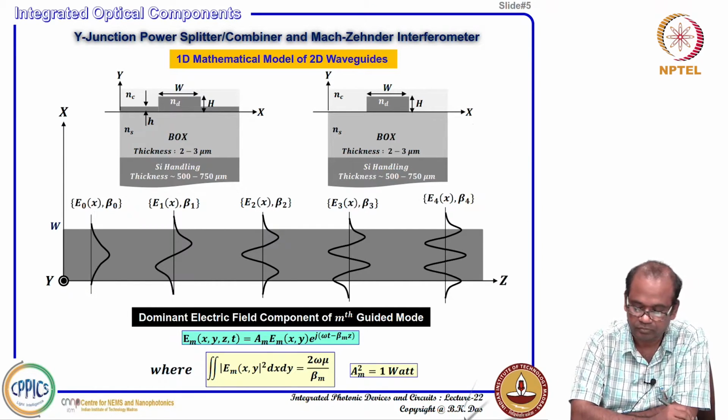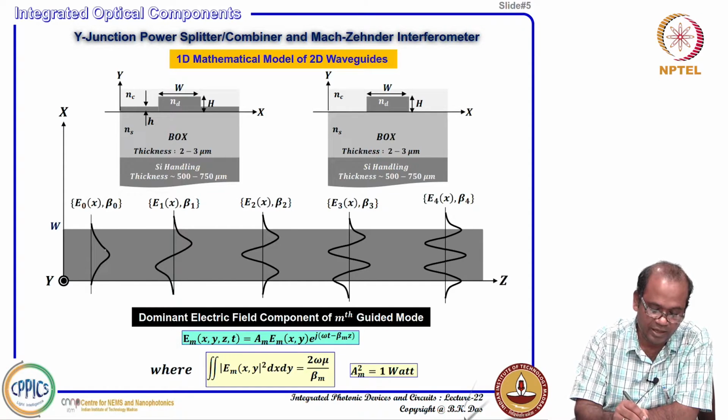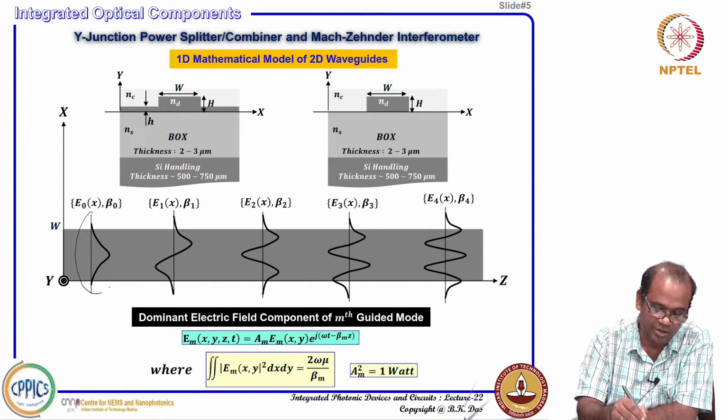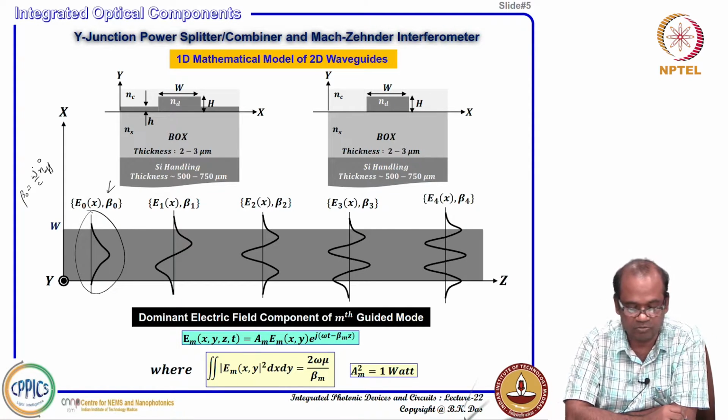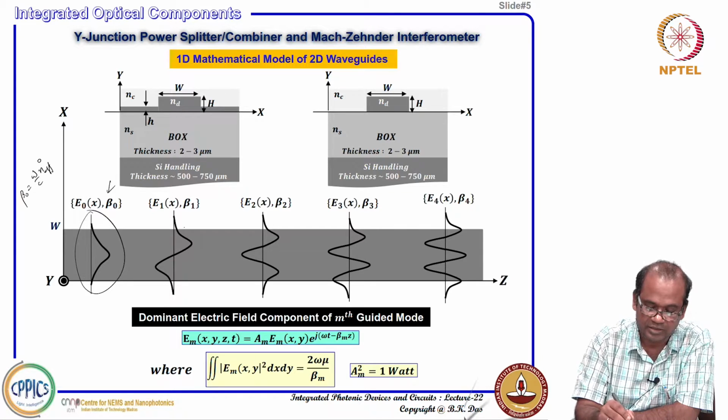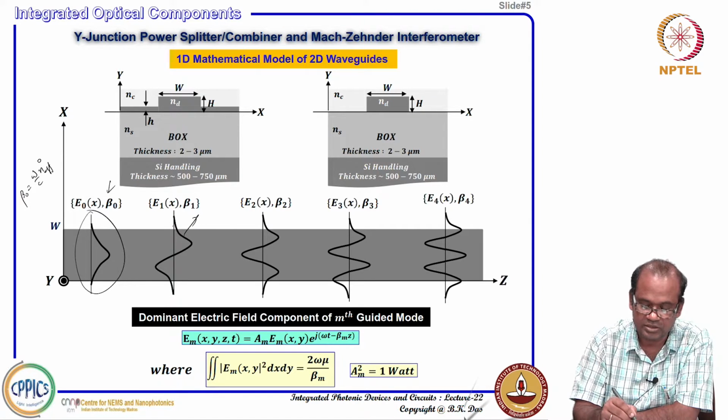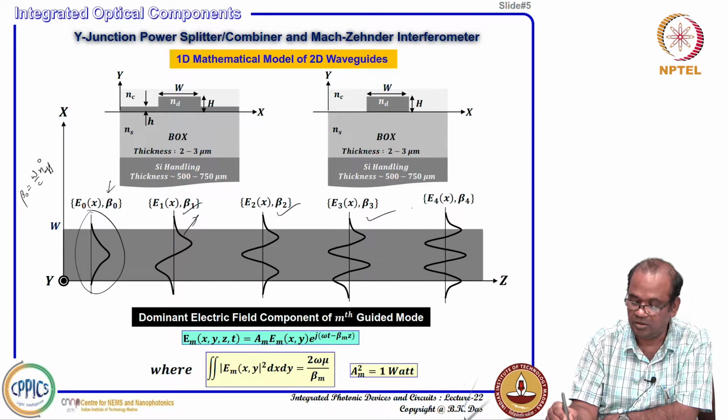That is why we can characterize the fundamental mode E naught x along with its beta naught. Beta naught is omega by c times n effective naught, the effective index of the fundamental mode, as we have solved earlier. Similarly, I can represent here E x with beta 1, then beta 2, beta 3, beta 4.